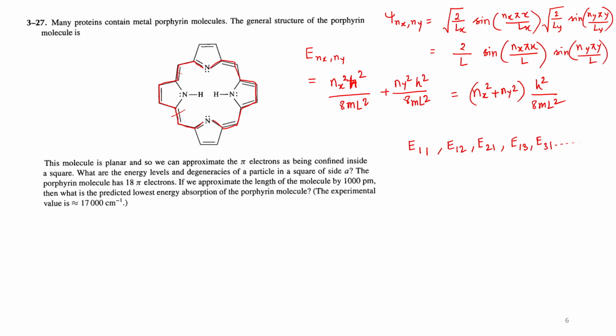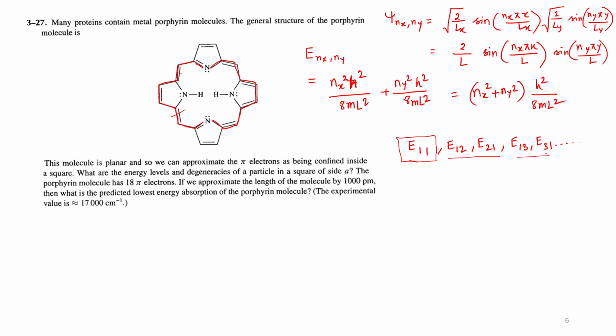But for a 2D square, the degeneracy of E11 is 1. Degeneracy means how many states are there with the same energy. There is only one E11, with 2 h square by 8 m L square energy. But E12 and E21 are going to have the same energy.